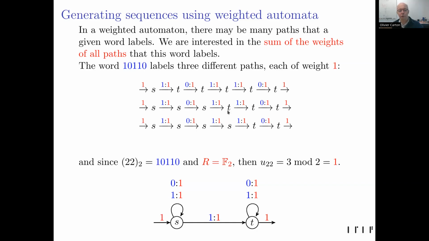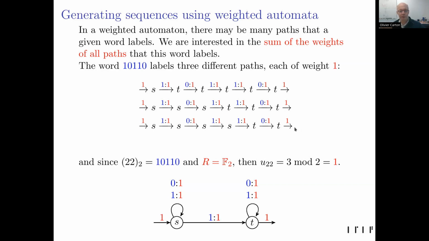Actually, we have to choose which transition is used to go from S to T. For instance, we can either start in S and with the first letter move to T and then remain in T until the end, or in the second run remain in S until the second letter, then move to T and remain in T, and in the last one we remain in S until the last letter, and then move to T with the last one.